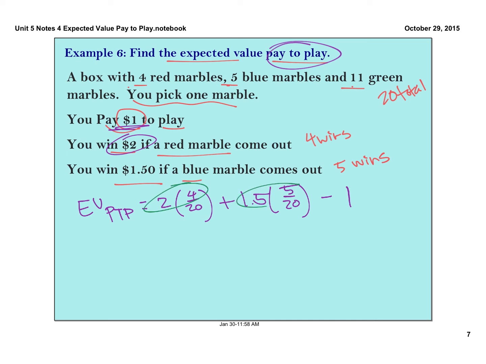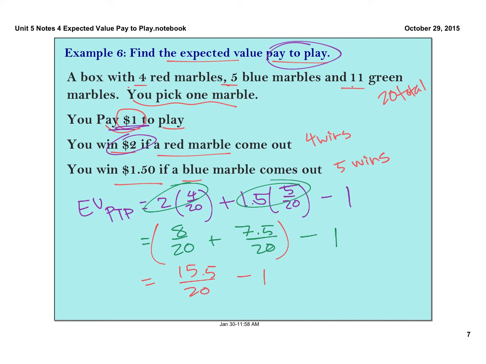So then multiply your tops. I've got 8 out of 20 plus 7.5 out of 20 minus 1. Add those two up because those are your fractions. That's 15.5 out of 20 minus 1.